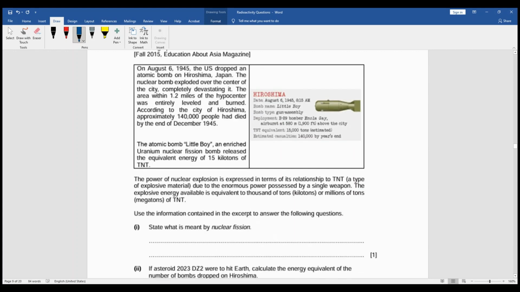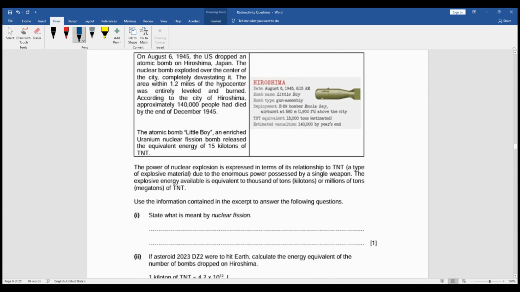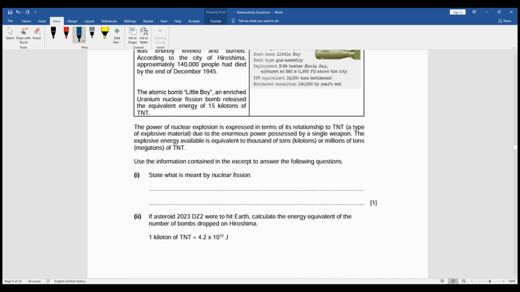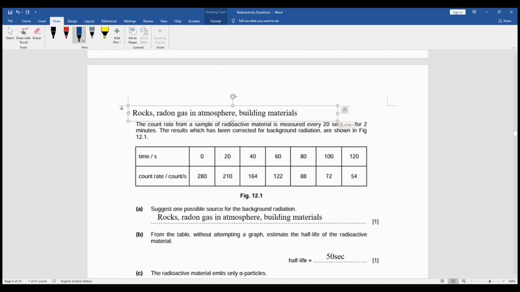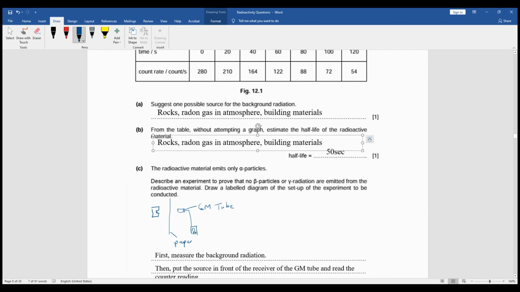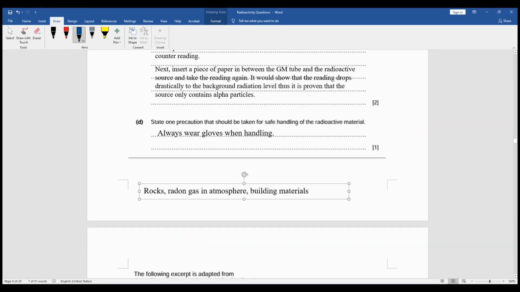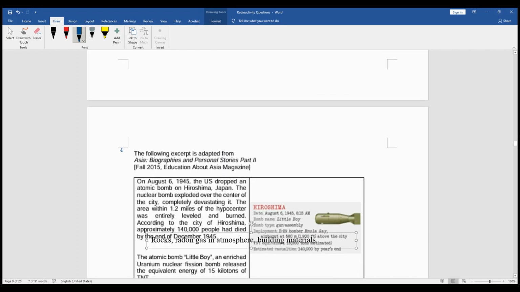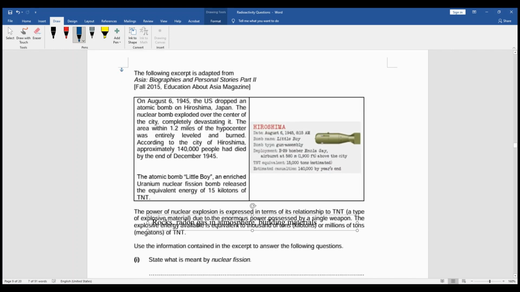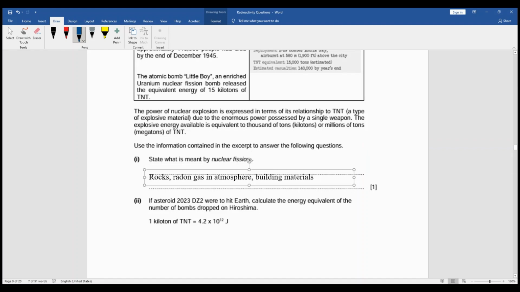Okay, next we have this Hiroshima bomb. What is meant by nuclear fission? Okay, I think that's quite easy for all of us. What is meant by nuclear fission?